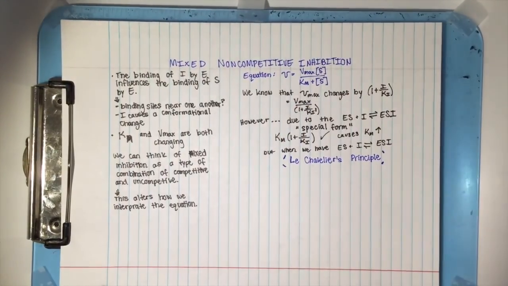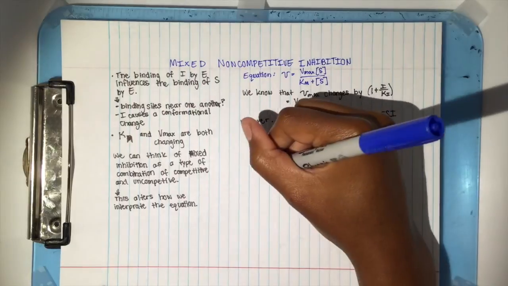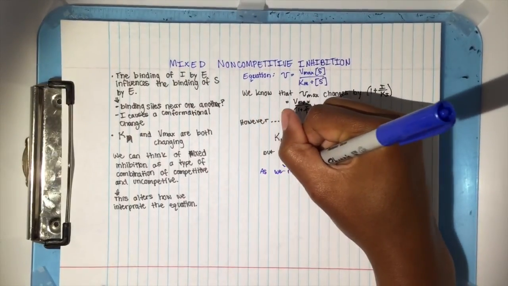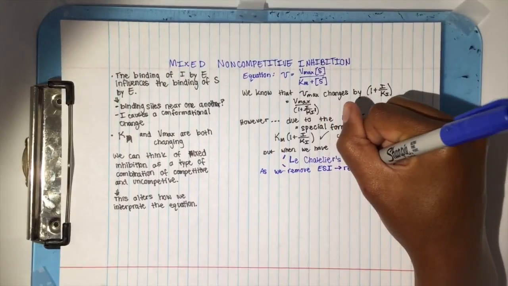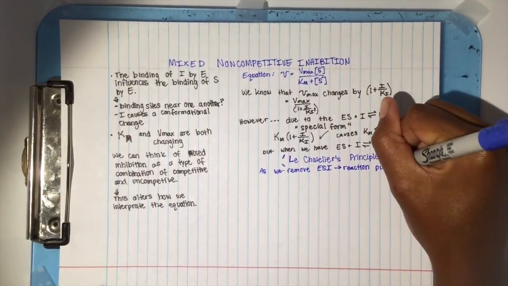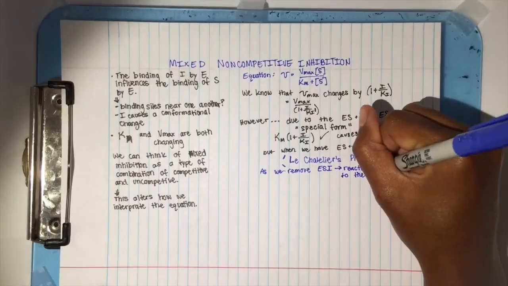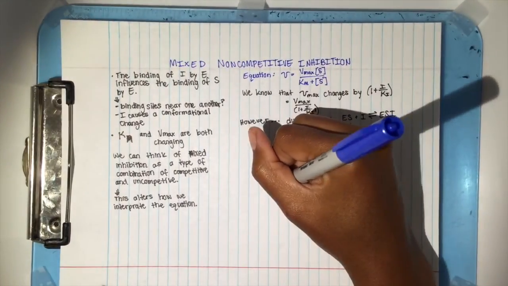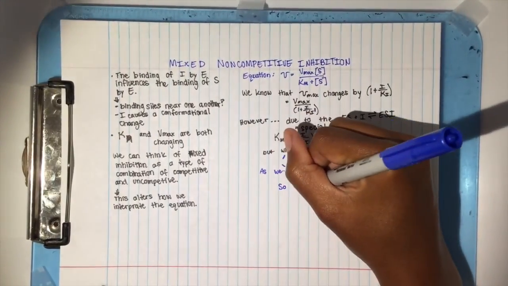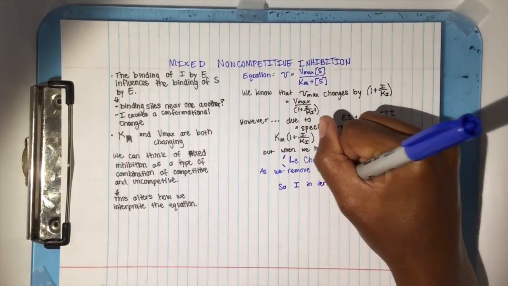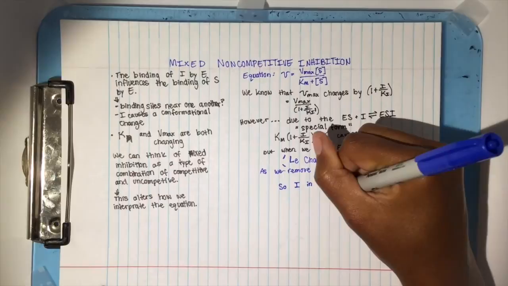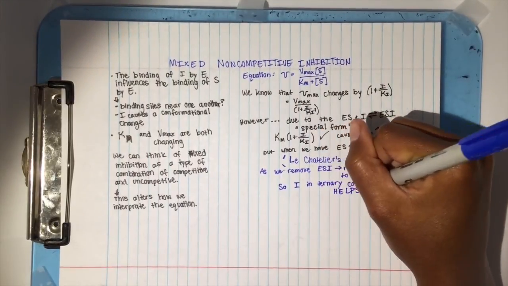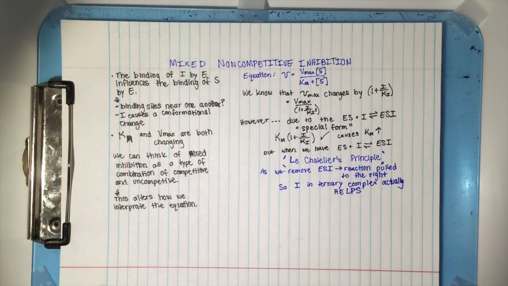So as we remove ESI, so as I forms with the ES complex and we get the ternary complex, the reaction is shifted to the right. So when the reaction shifted to the right, that inspires more S to bond to the E faster than usual. So in a way, an inhibitor in a ternary complex actually helps.